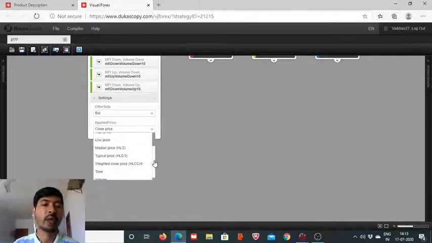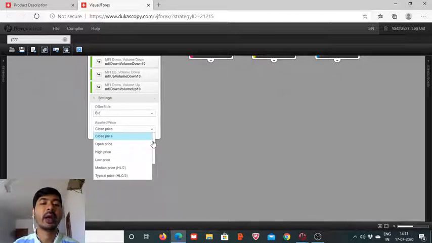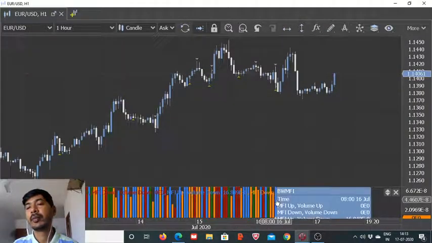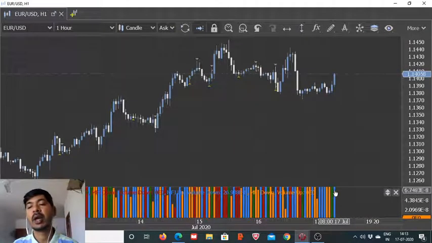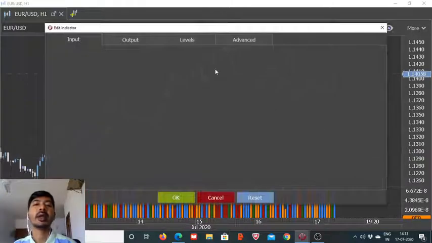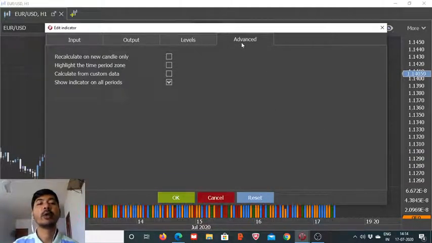So we have to plan accordingly and see which applied price serves our purpose better. Our output values will be different depending on the parameter we use for the calculation of this indicator.